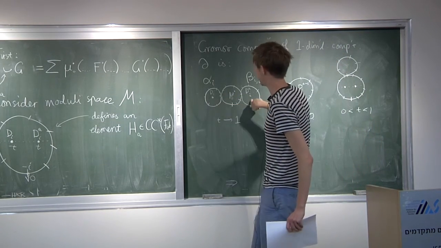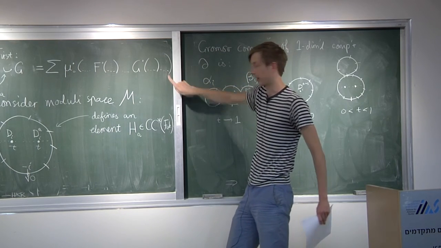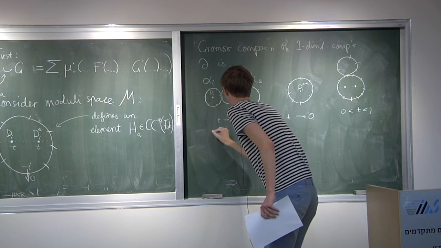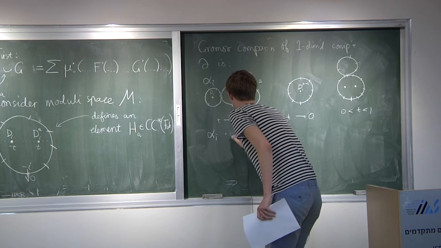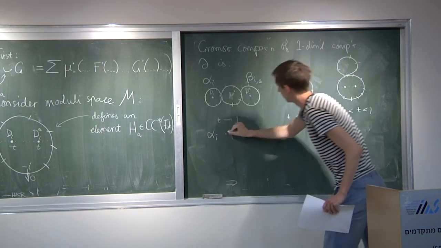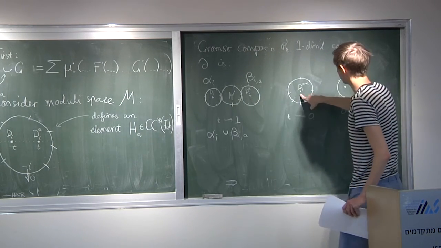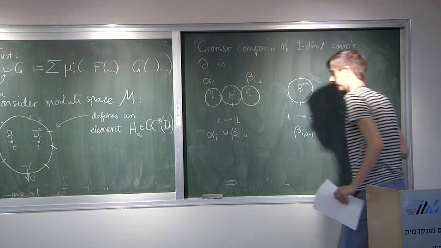And these guys here exactly correspond to the terms in this cup product. So this is equal to alpha I times beta I,a. This one is equal to beta I,a plus 1.